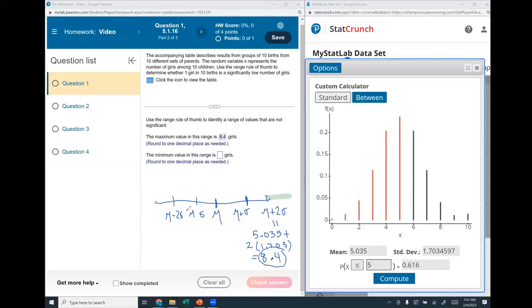Minus, because we're going to the low side, right? So I don't care about mu plus sigma, but I do care about mu, which is 5.035. Minus, so before we added that 2 times sigma, now we're going to subtract it.